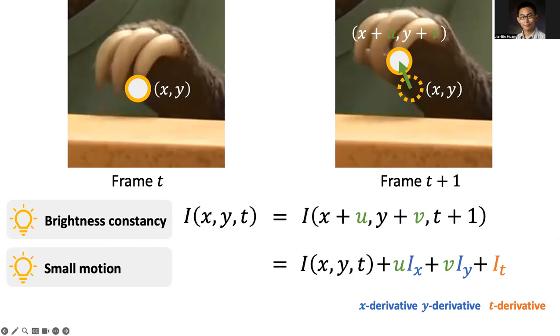Okay, so with these two assumptions, we can now formulate an equation, right? We know that this guy is the same, right? So what we do is we just plug this guy into this guy, all right? So similarly, you see that this I(x,y,t) and this I(x,y,t), they live on both sides, left-hand side and right-hand side, right?